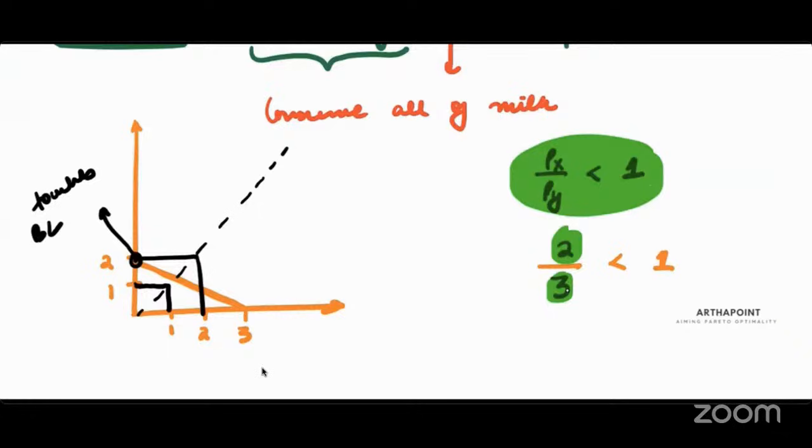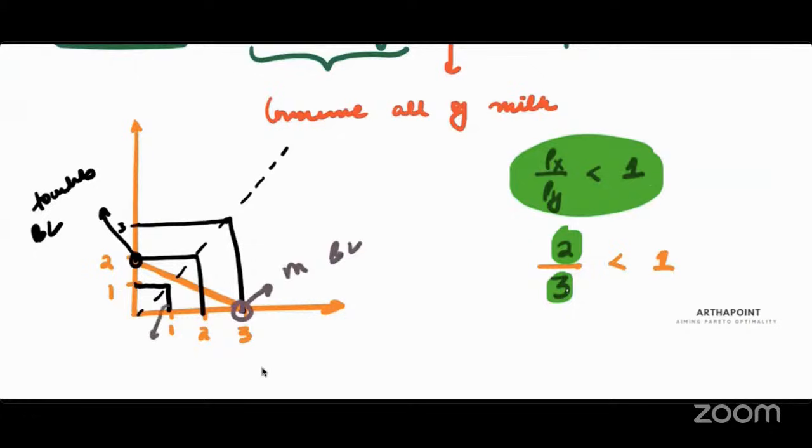But is this the highest indifference curve that I can reach? No. I can go to an indifference curve which has a point at 3, 3. This point is also on the budget line, but I am on a higher indifference curve.